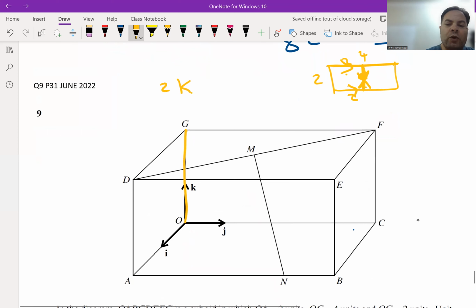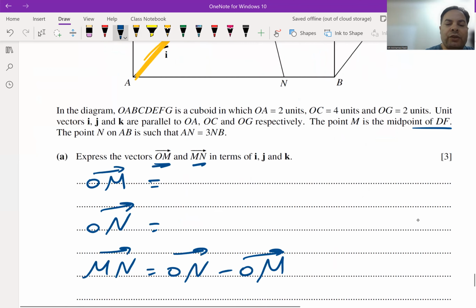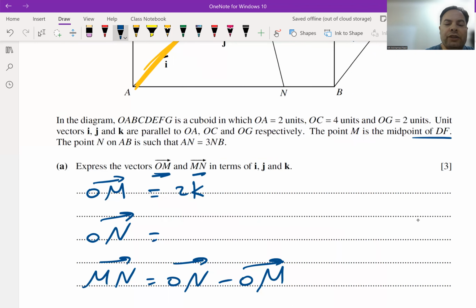If we start from O to G, then half the distance of GF, which is 2, then back in the direction of i, which is also 2 divided by 2, will be 1. So I will move with 2k, then 2j, then 1i.